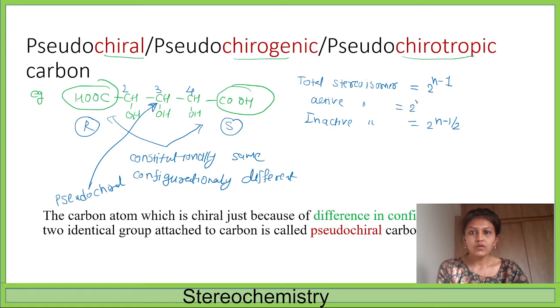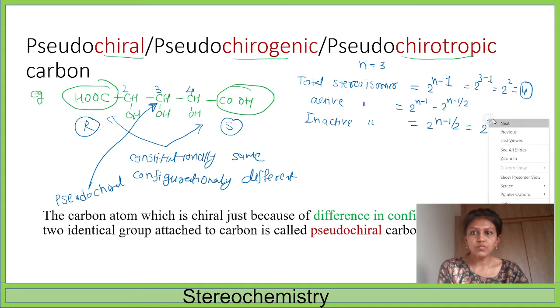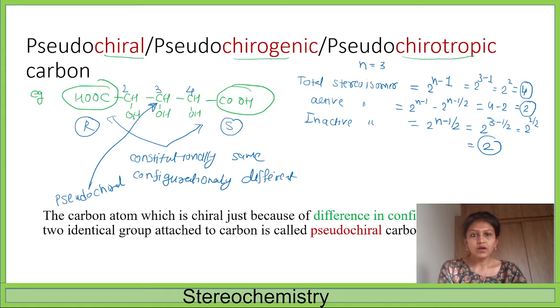Here n is equal to 3. So 2 raised to 3 minus 1, that is 2 raised to 2, that is 4 stereoisomers are present, in which 2 raised to 3 minus 1 divided by 2, that is 2 raised to 2 by 2, that is 2, are optically active and 2 are optically inactive stereoisomers, right?